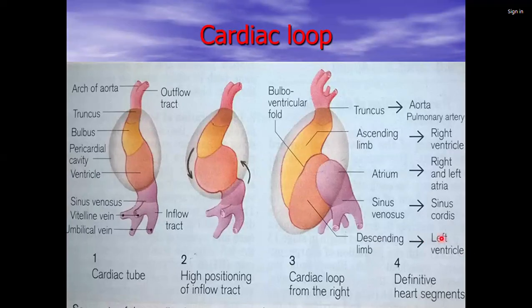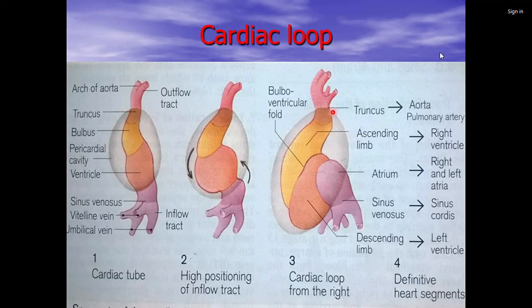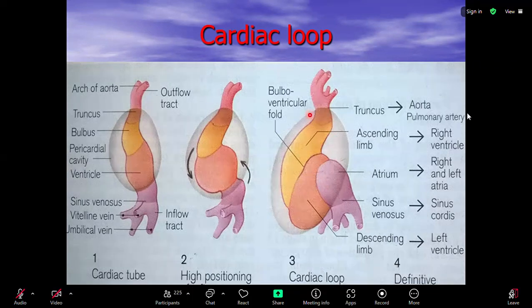The ascending part forms the right ventricle, and then the primitive atria develops to form a common atria. All these have a common lumen, and then the truncus arteriosus eventually develops to form the aortic and pulmonary artery.